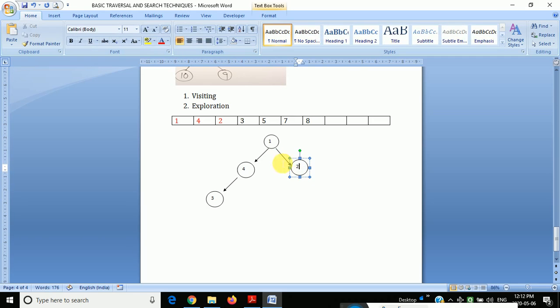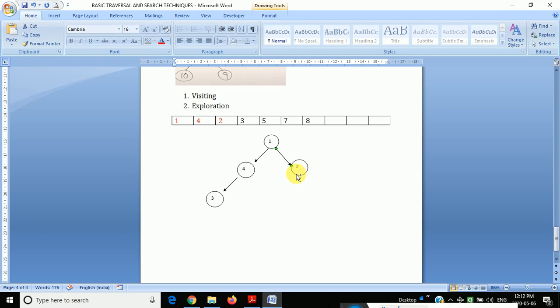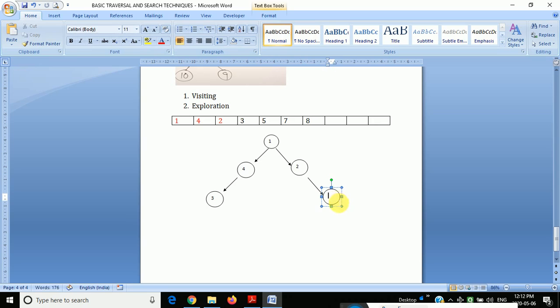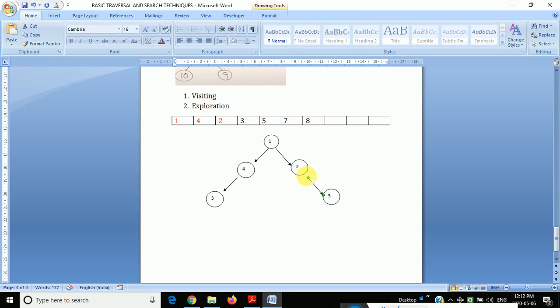Same thing. This is the 5. And we have to draw it like this. This is 7.